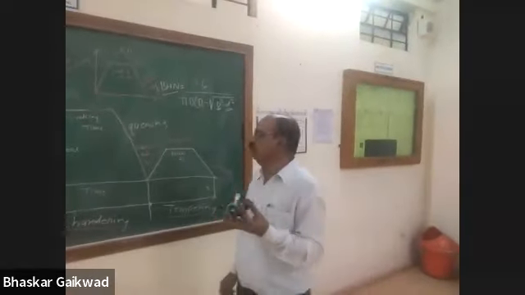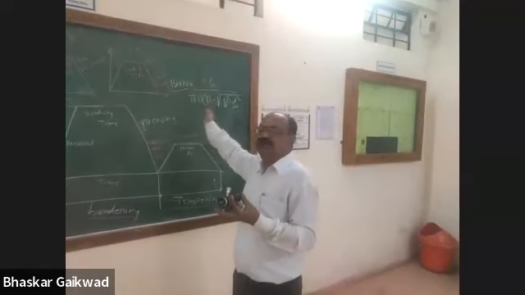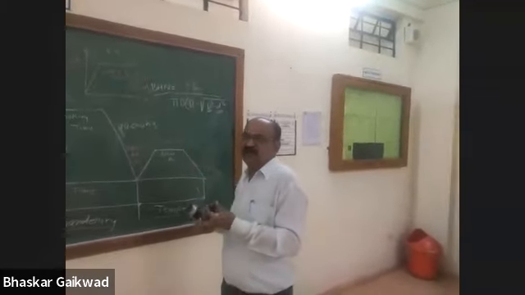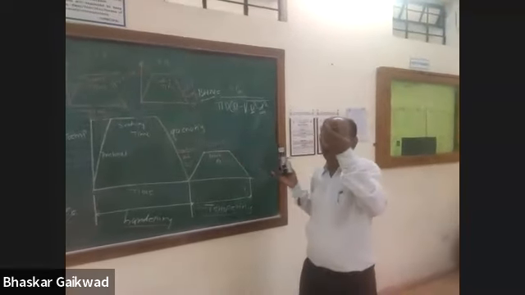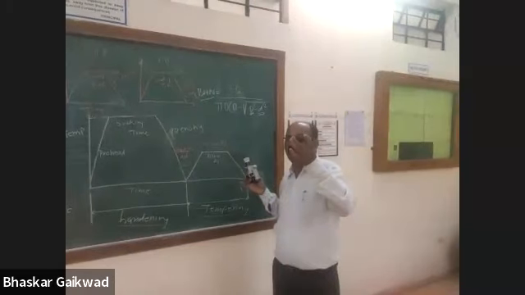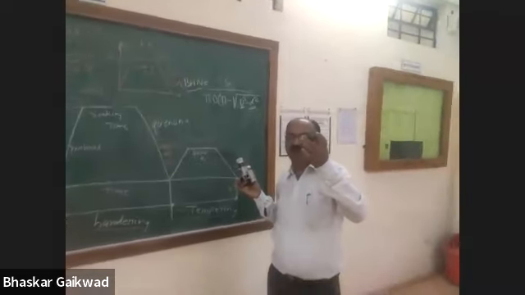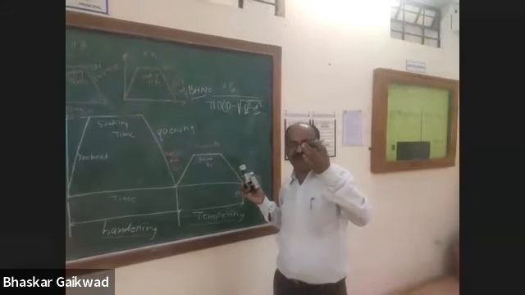This is the procedure, but nowadays in industry you directly get the BHN numbers. But what is contained in our syllabus is this way. You can apply the load with a 10 mm steel ball with the help of the UTM machine, between 500 and 3000. You will get an impression.